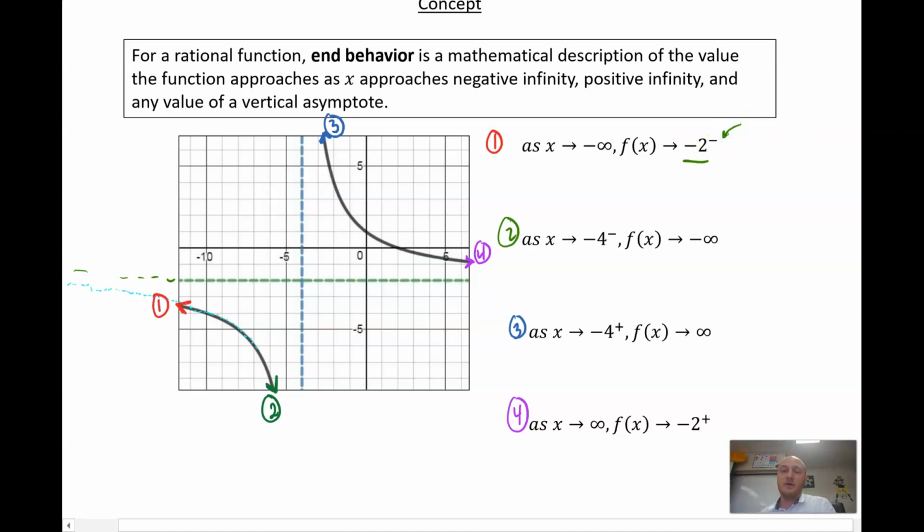Here is how we denote it: is it approaching the asymptote from the bottom or the top or left or right? Okay, and I'm going to go ahead and write this down.